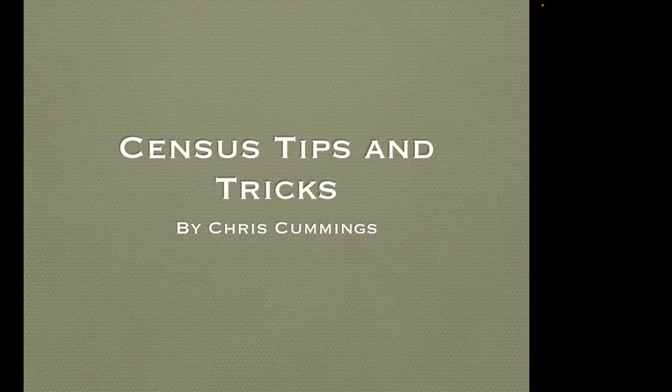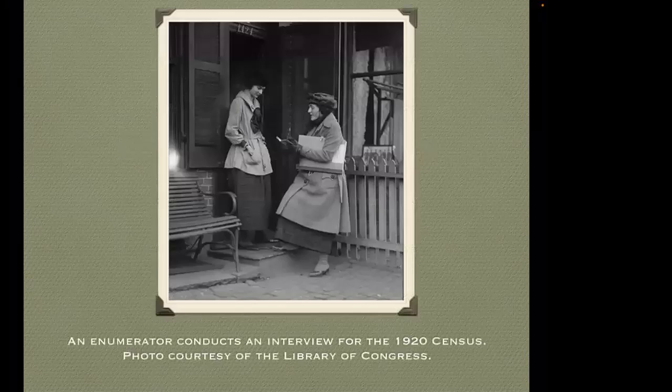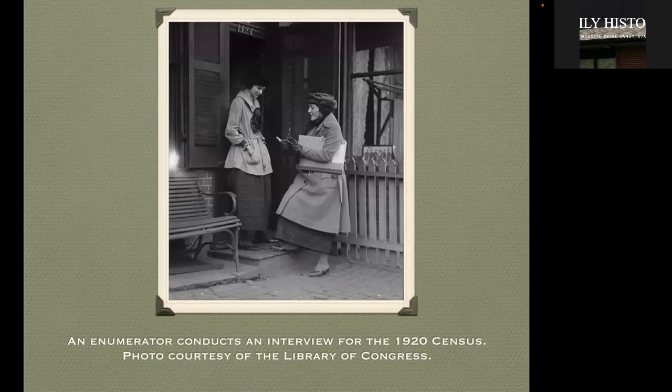Thanks, Bob. So hopefully tonight we're going to learn a little bit together about the censuses, primarily in the United States. This is a photo from the Library of Congress that shows an enumerator going door to door conducting an interview. This happened to be for the 1920 census. I wanted to include this because this shows the woman of the household who is the informant and the enumerator who is asking questions.